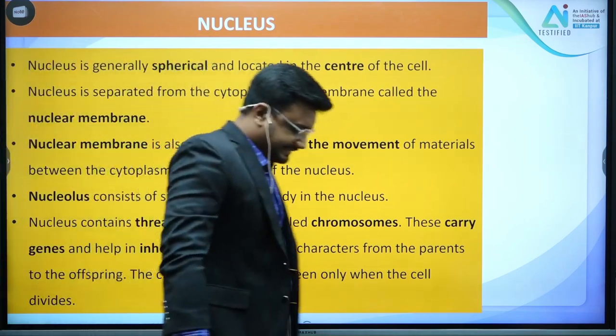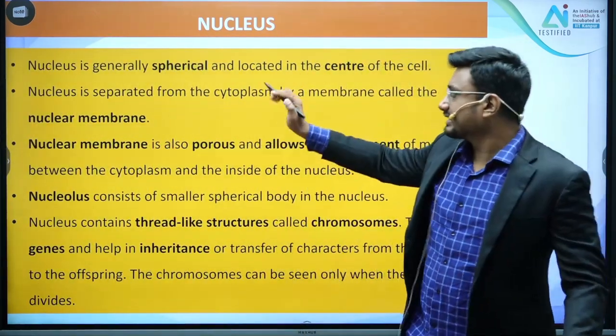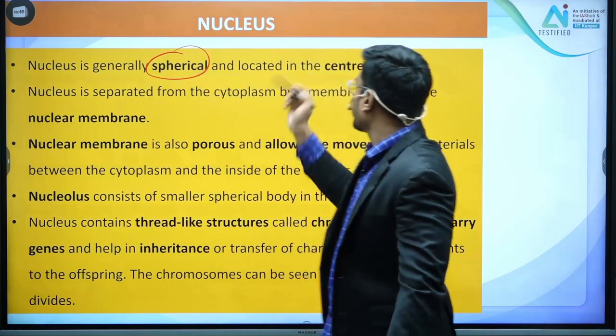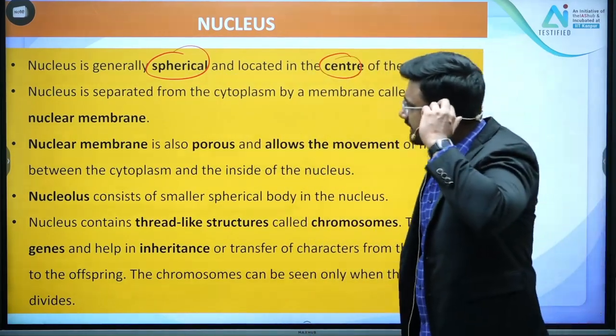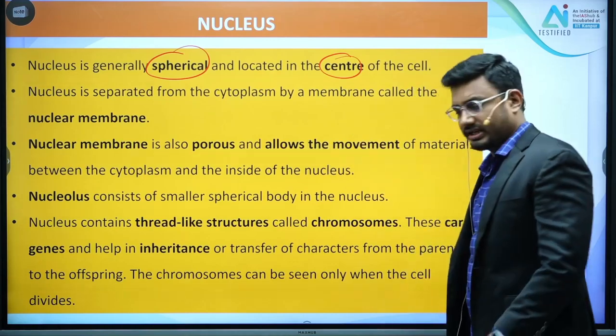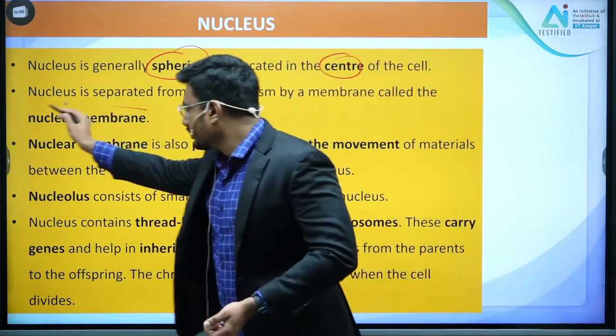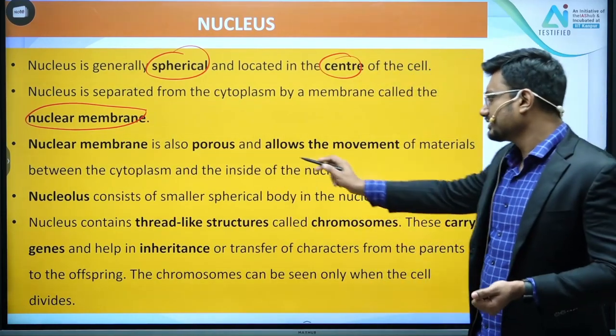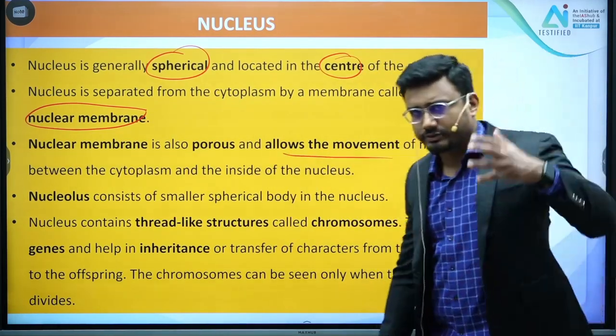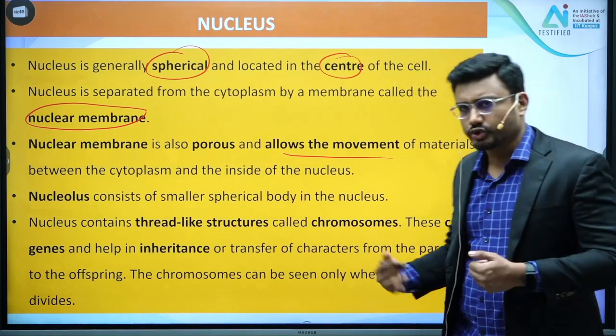Nucleus. The nucleus is spherical and located in the center of the cell. It is separated from the cytoplasm by a membrane known as the nuclear membrane. The nuclear membrane is also porous and allows the movement of materials between the cytoplasm and the inside of the nucleus.